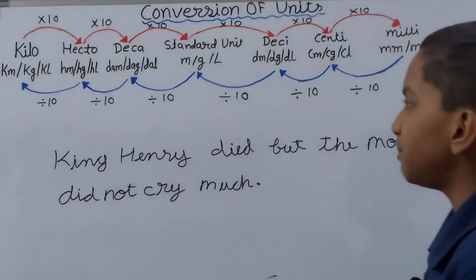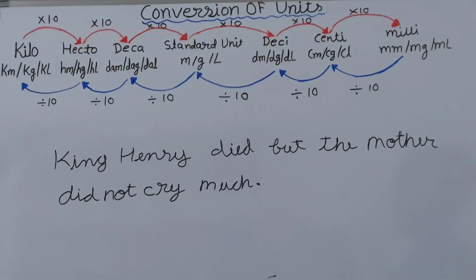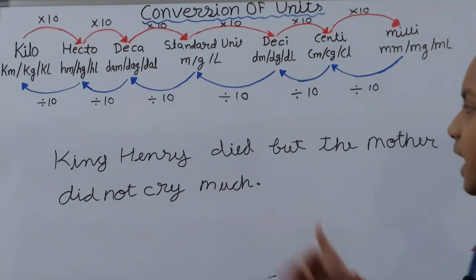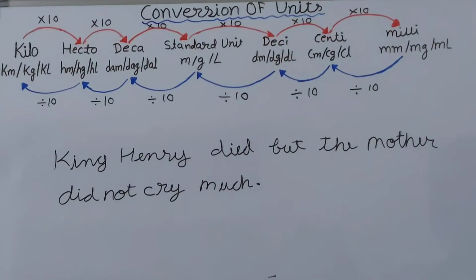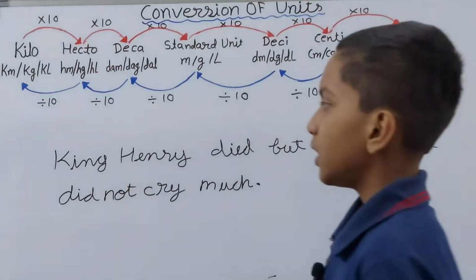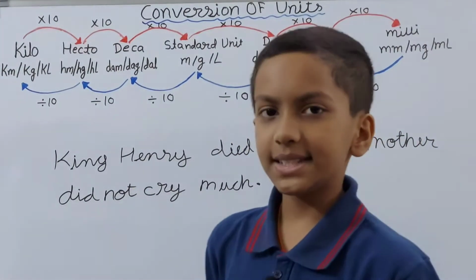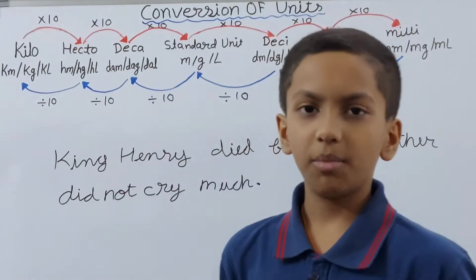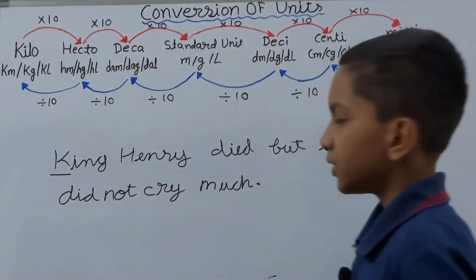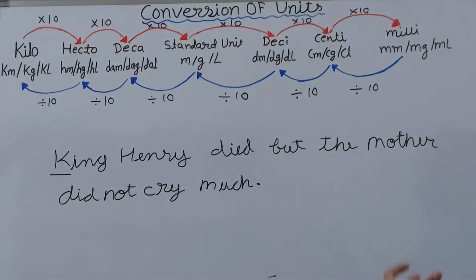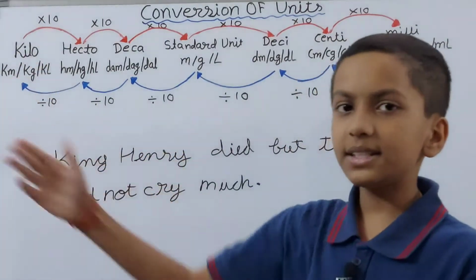Friends, you might be thinking how we will learn these units with the help of this sentence. Well, it is very easy. Let's see the first word of our sentence, that is King, and the first alphabet of it, that is K. This K relates to a unit, that is kilo.